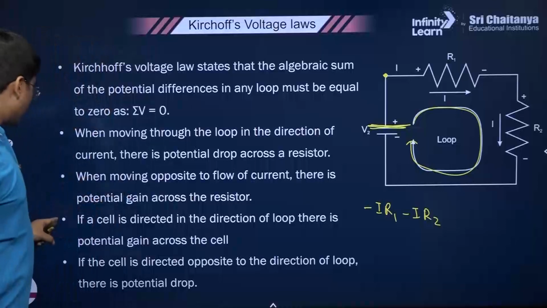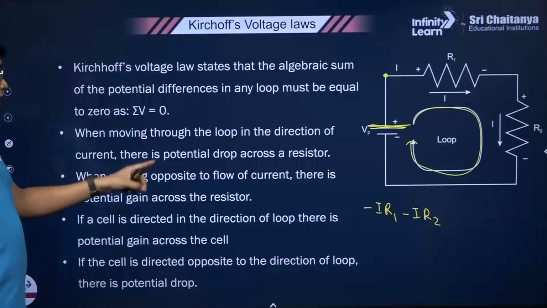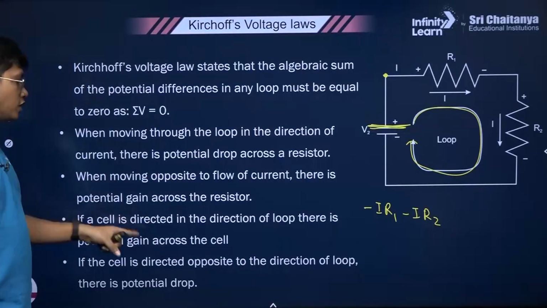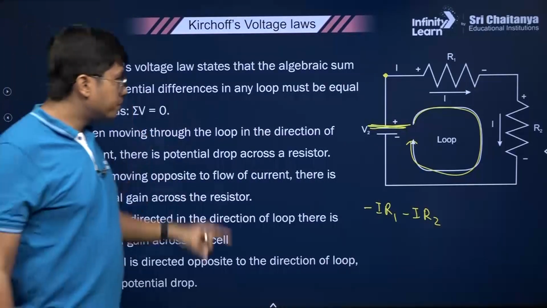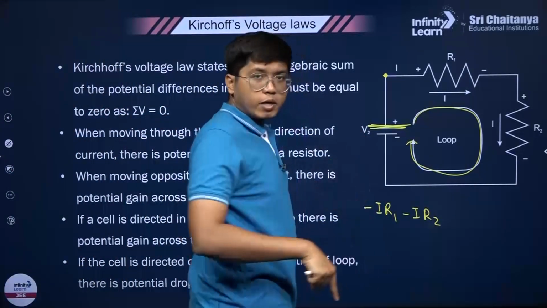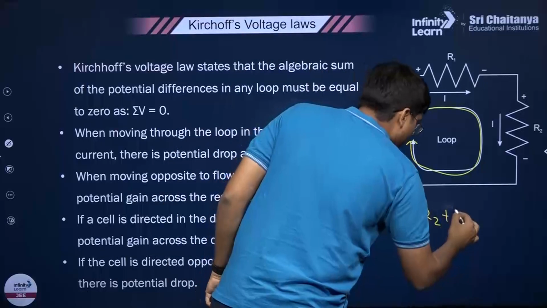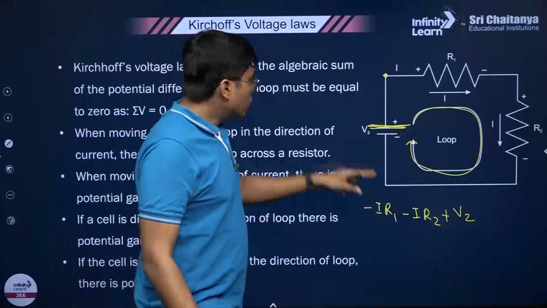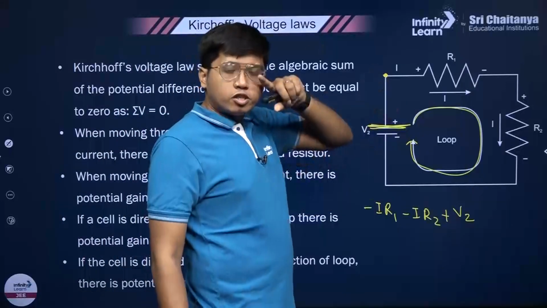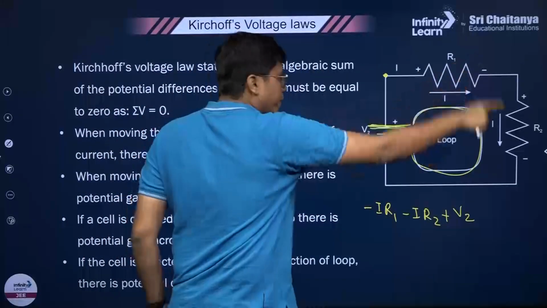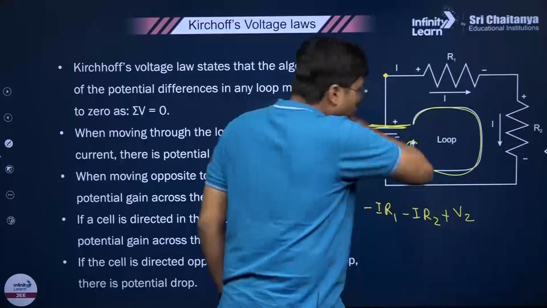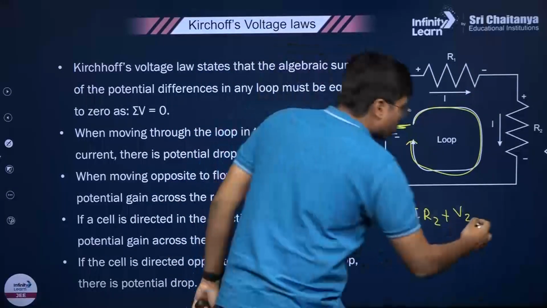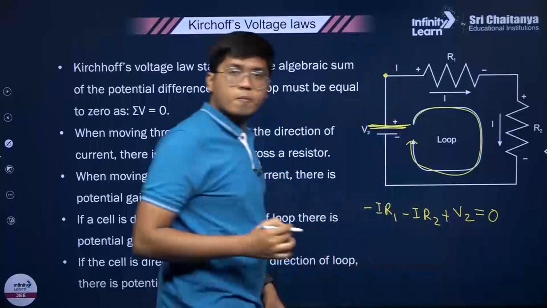Look at the third rule: if a cell is directed in the direction of loop, there is a potential gain across the cell, which means this will give a positive part. It will be the EMF of this cell, V2. Now after that I come to this point, and by Kirchhoff's rule, since I've made one complete circle and taken all the potential drops and gains, this should be equal to 0.